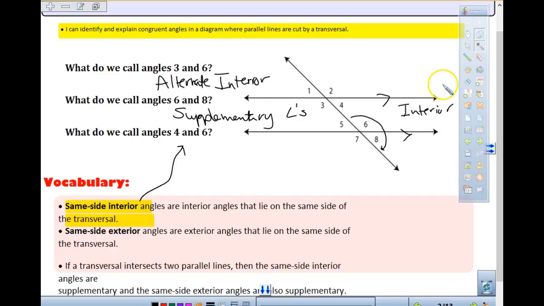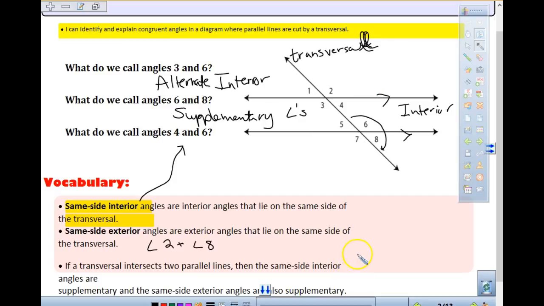If you're reading the next one, Caleb, go. Same side exterior angles are exterior angles that lie on the same side of the transversal. Angle 2 and angle 8. Okay, so 4 and 6 are same side interior. 2 and 8 are same side exterior. Remember, this line right here is called our transversal. So when they talk about that word transversal, and those of you who were gone yesterday, I have both the video and the notes up.